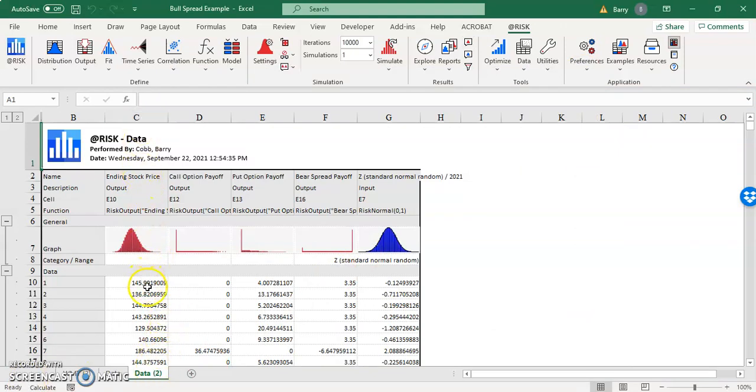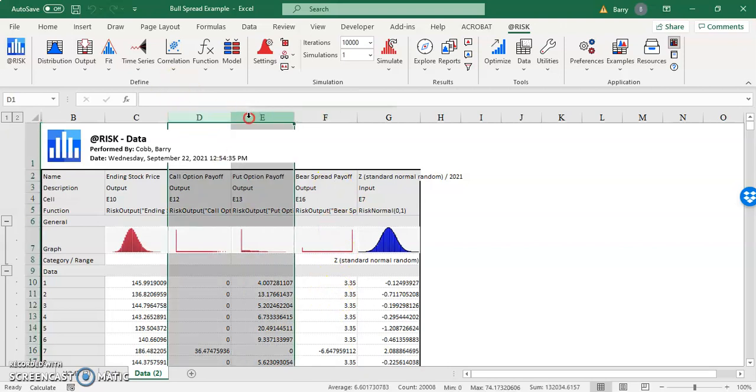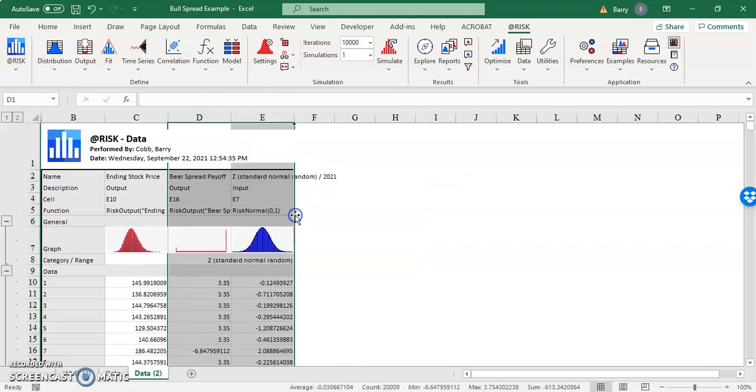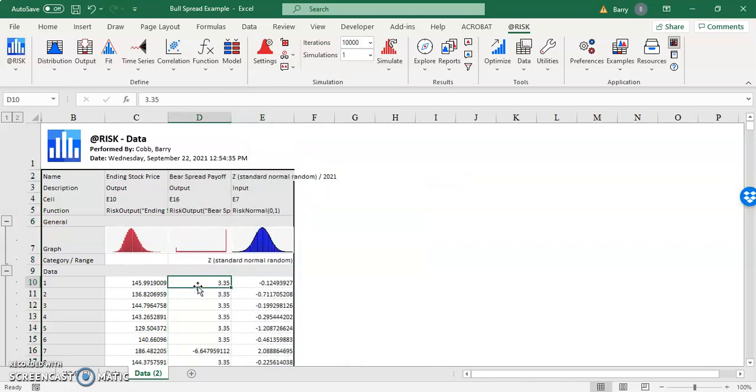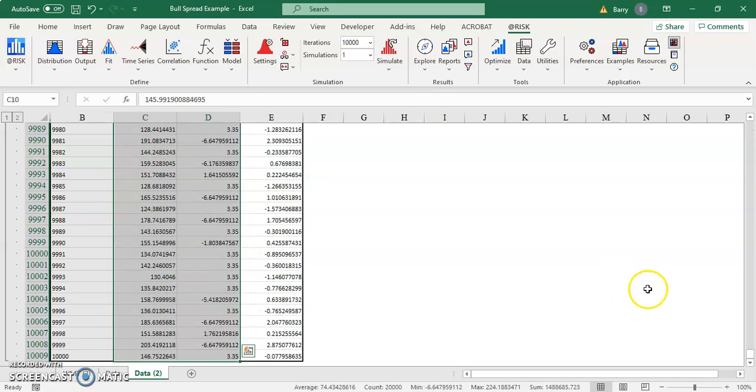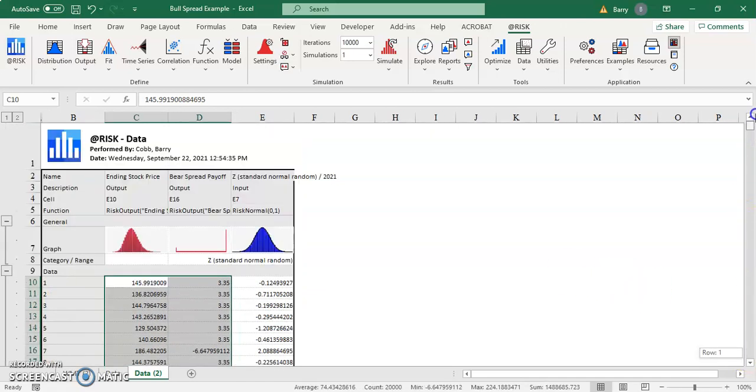In column C, we've got the ending stock price. In column F, we've got the bear spread payoff. For now, those are the two things we're interested in, so I'm going to eliminate columns D and E. And then what we're going to do with these two columns is sort them by the ending stock price. If I do Shift, Control, down arrow, it'll highlight all the data.